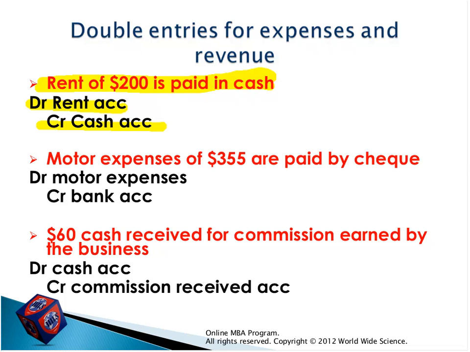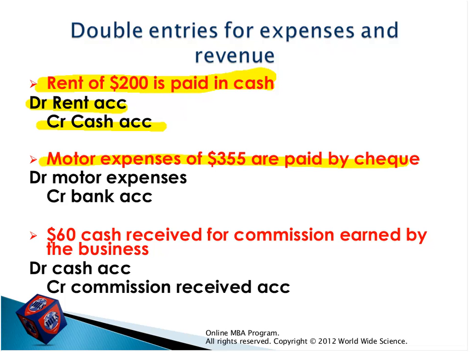I want to explain these transactions very well, as I'm trying to, and you should understand, because later you will have a lot of homework based on these transactions, on how to prepare the trial balance. So next, we have motor expenses of $355 US, which is paid by check.